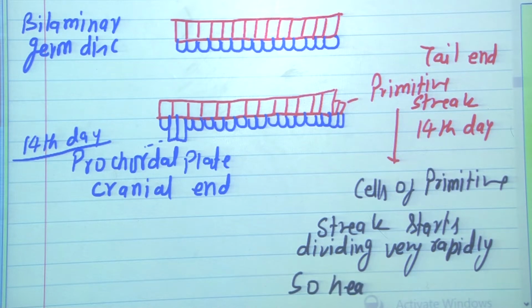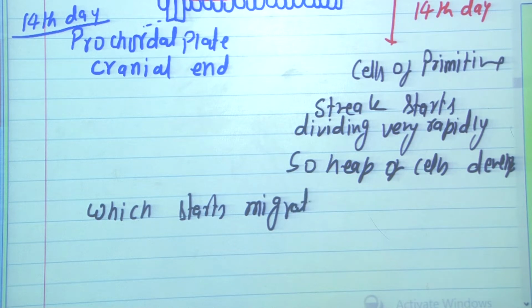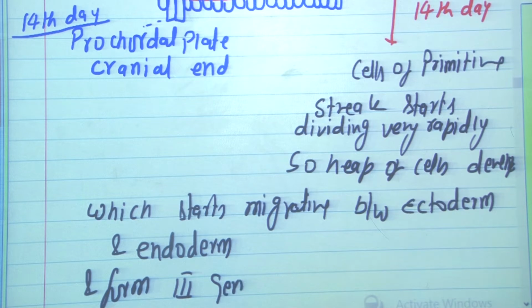So a heap of cells develops which starts migrating between ectoderm and endoderm and forms the third germ layer that is known as mesoderm.